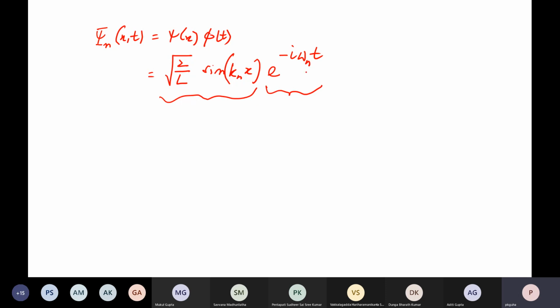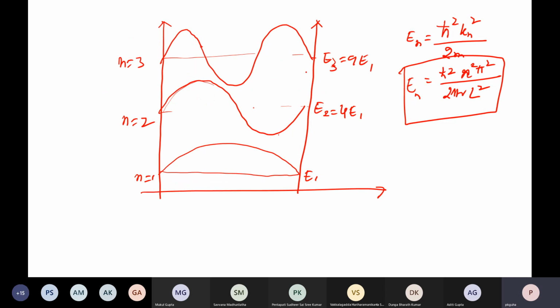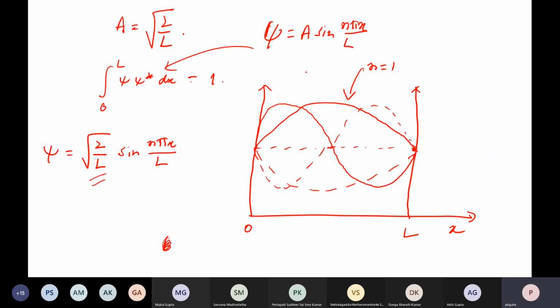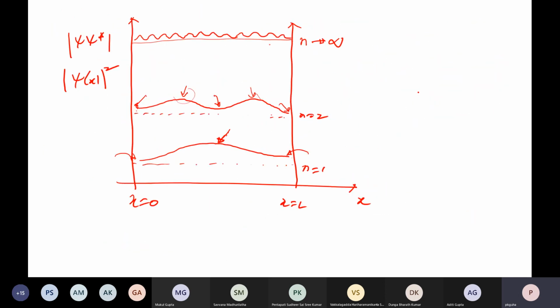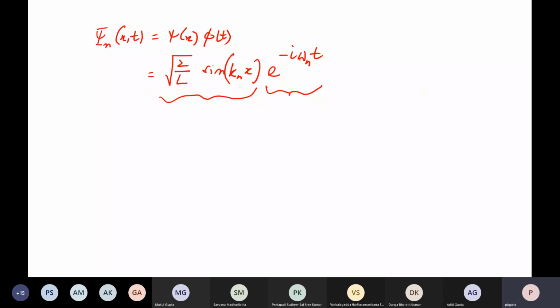Because the time dependent term, you remember, is e to the power minus i E over h bar t, and E over h bar is basically omega. So E is quantized, so I am writing omega n. You can also write En over h bar. That is also okay. I am writing this because, as we saw, this is nothing but En over h bar. So En is omega n h bar.